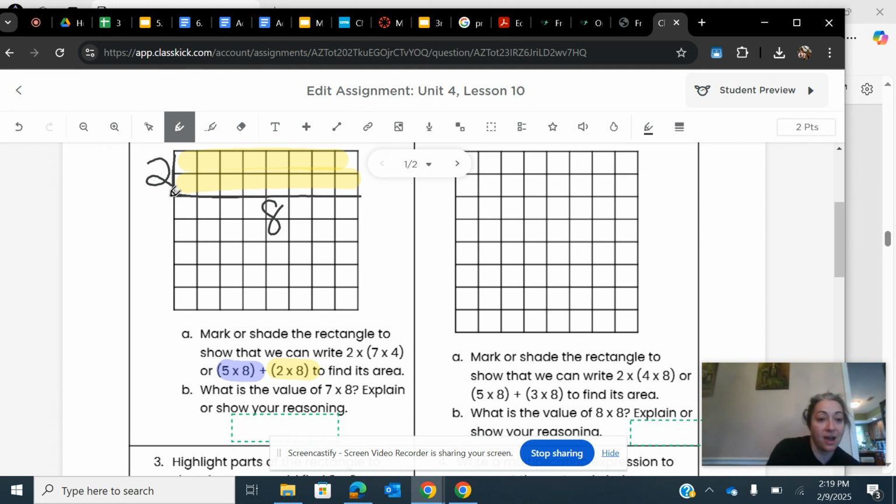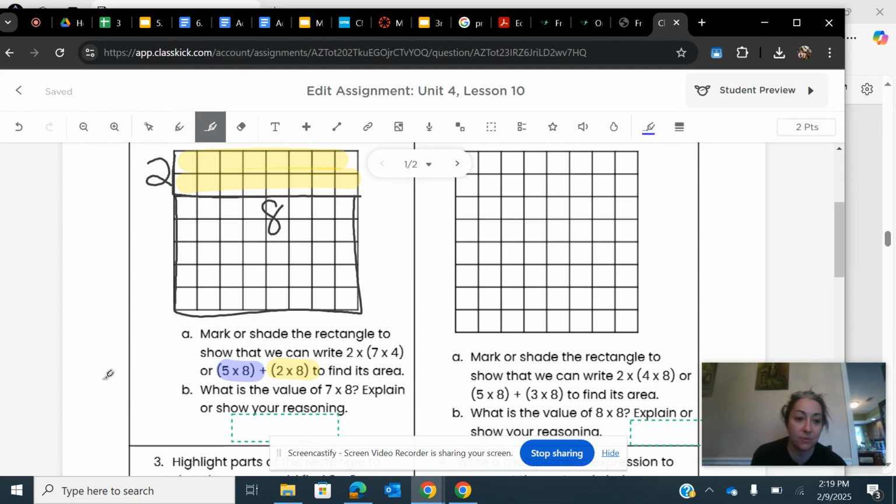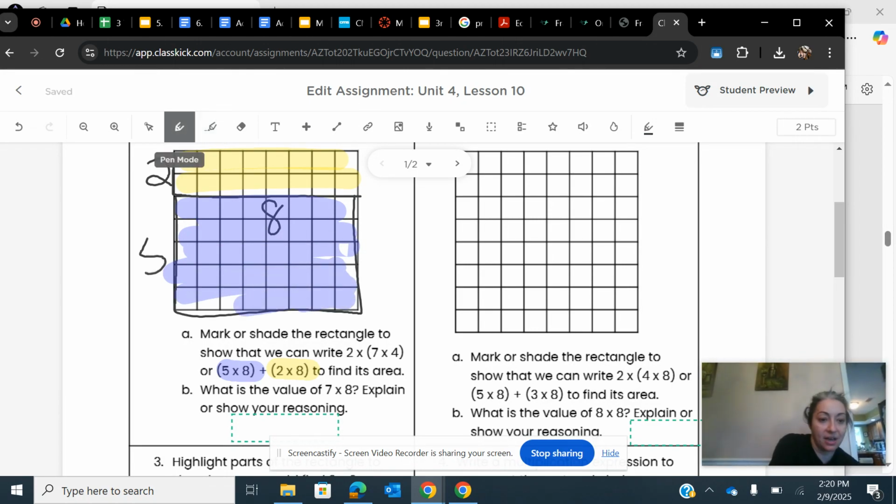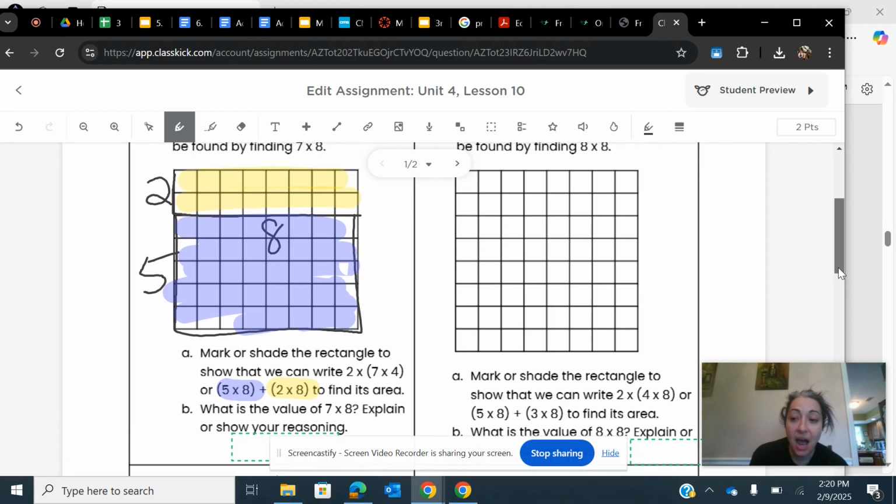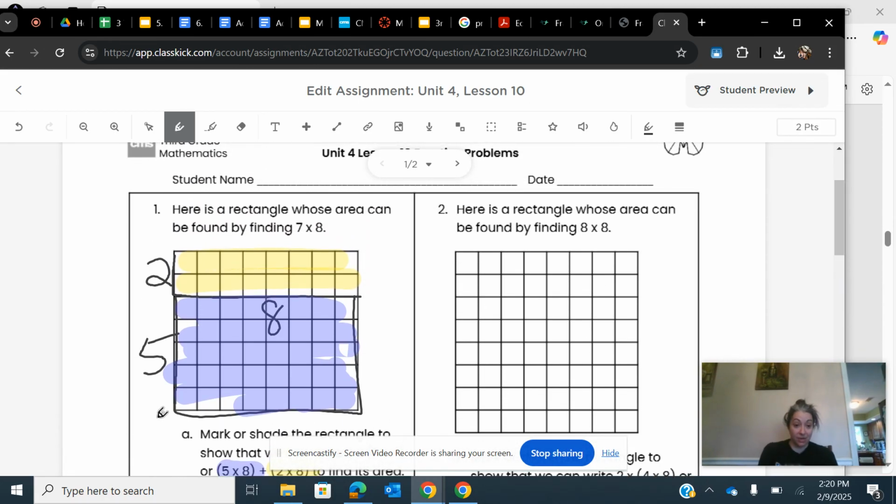And then we want to go 5 down. 1, 2, 3, 4, 5. So this one is going to be 5 times 8. If I wanted to highlight it, it would look like this. And then I'm going to label it as well. This is 5, and we already know that this is 8. So that's how it might look if you were going to shade it to show the distributive property.